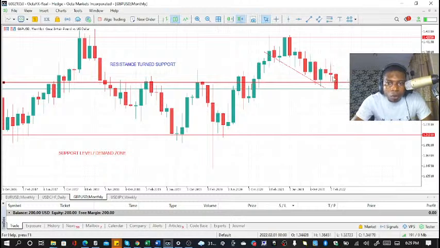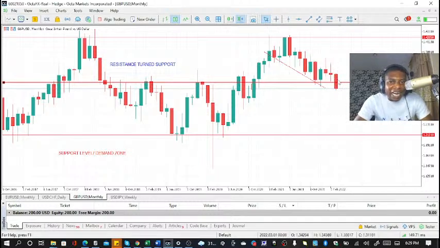Now we can see that the bear candle has now broken through this resistance turned support level. Now what we want to look out for is what price would do at this level. Would price bounce back, or would price keep going down?